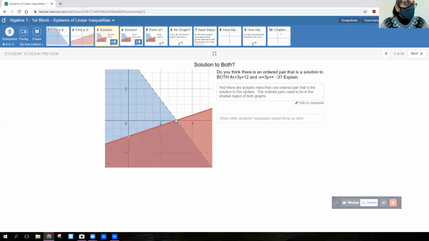Now, this spot right here, it's really tempting to say that's a solution, but for this problem, it actually isn't, because this is dashed. If that was a solid line, you'd be fine. But since this blue line is dashed, I can't actually count that point right there as a solution to this problem. Okay, nice job, everybody.